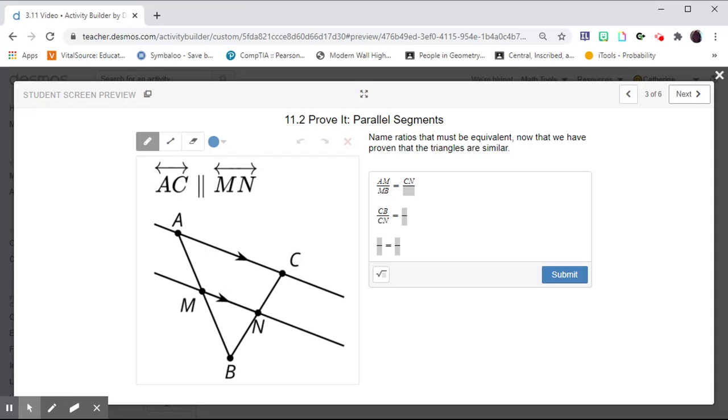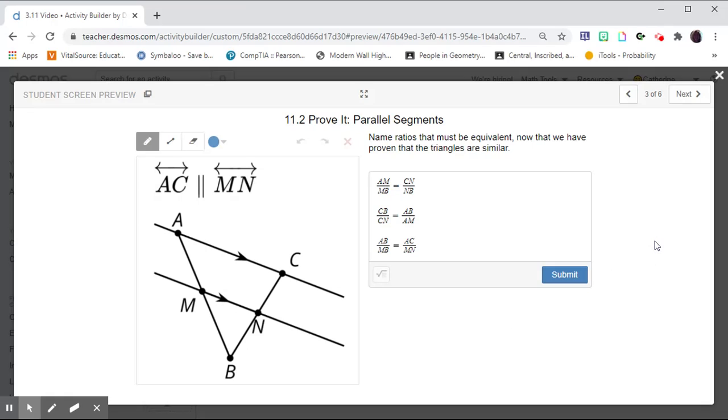Take a couple minutes and complete these blanks.